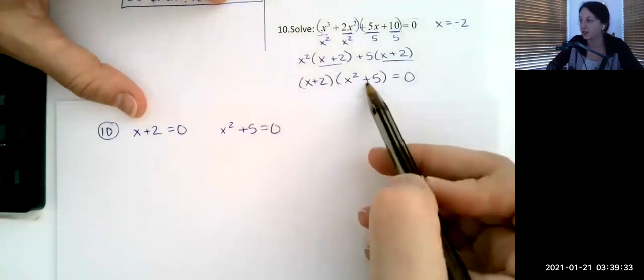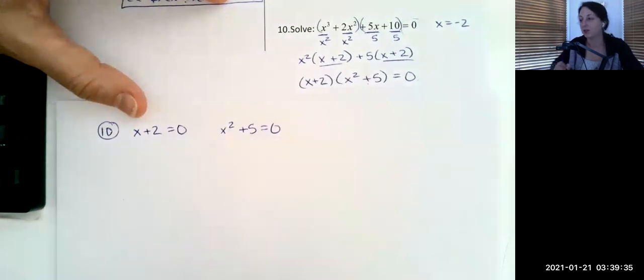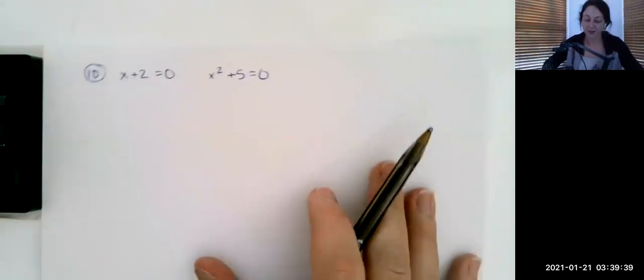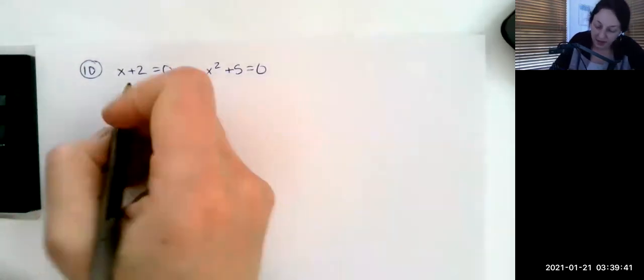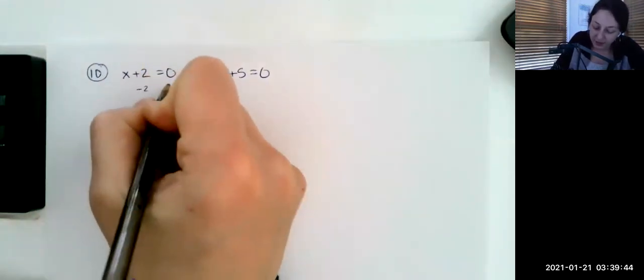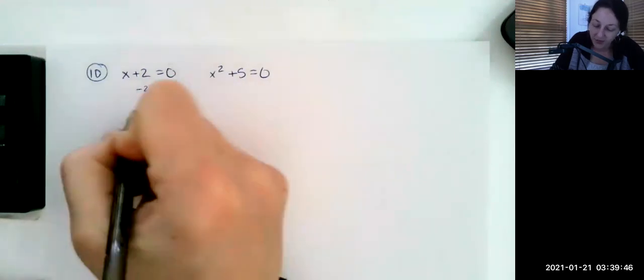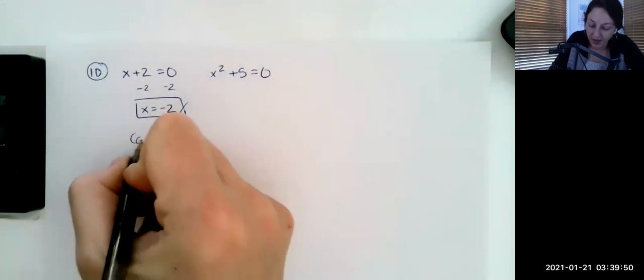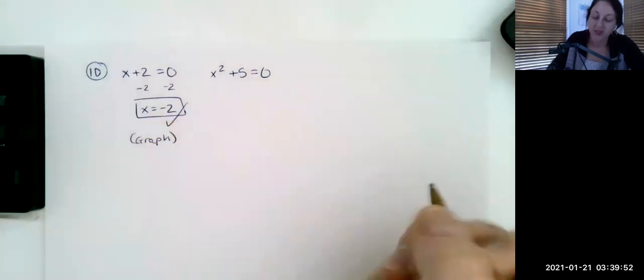I take each factor and separate them equal to 0. Now I can solve for x, and that confirms my x equals -2 answer. There's one answer, and I confirm that from the graph. Yay! Now the other answer.